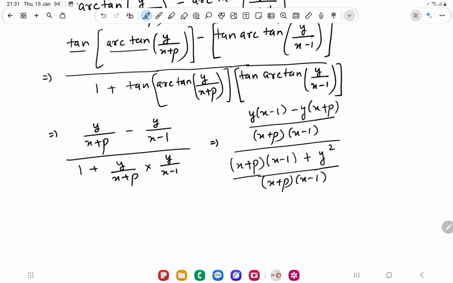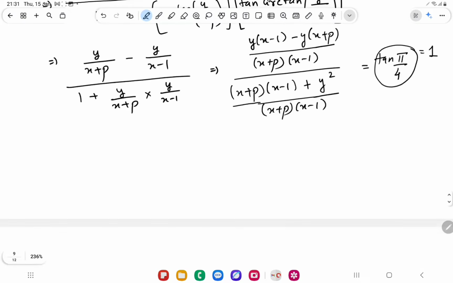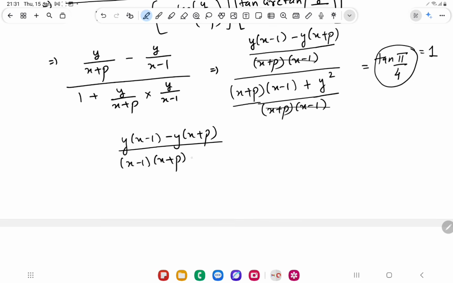Now at the start of the question, it was given that this entire thing is equal to tan pi by 4 because the argument was equal to pi by 4. And we know that tan pi by 4 value is 1. So I can equate this to 1. And these two will get cancelled out. So I can write y into x minus 1 minus y into x plus p, whole divided by x minus 1 into x plus p plus y square, is equal to 1.